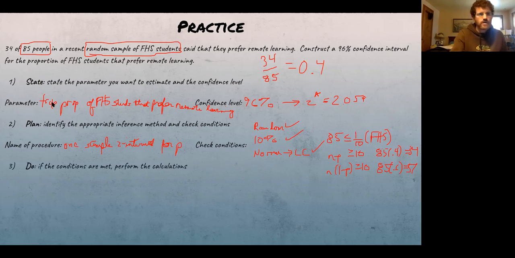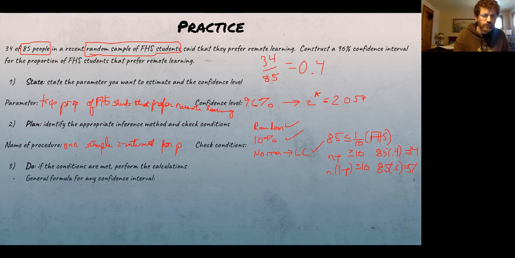Okay, so we started off with stating the parameters and the confidence level. Then we planned out what we're doing. We're going to pick this inference method, and we're going to check these conditions to make sure we can move forward. We've done that. Now is the do part of this. We want to actually do the calculations. And just to give a complete answer, we want to show that we have a very thorough understanding.